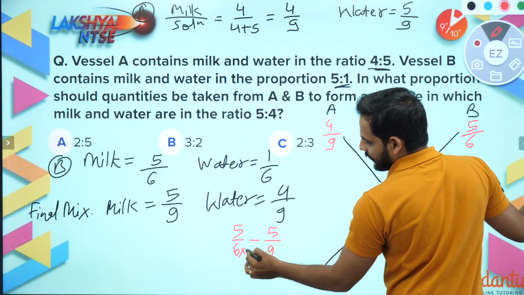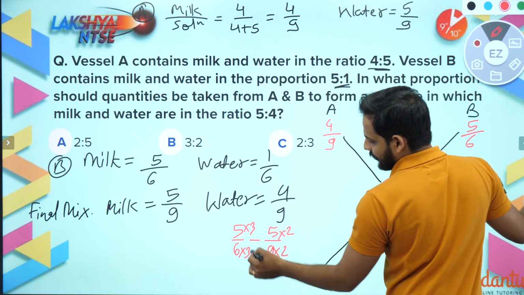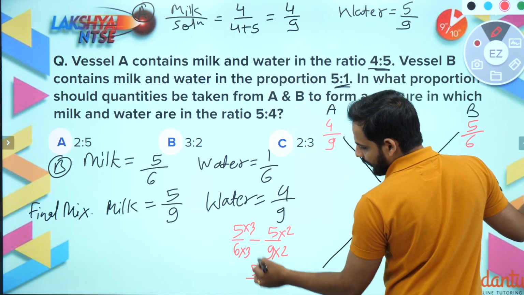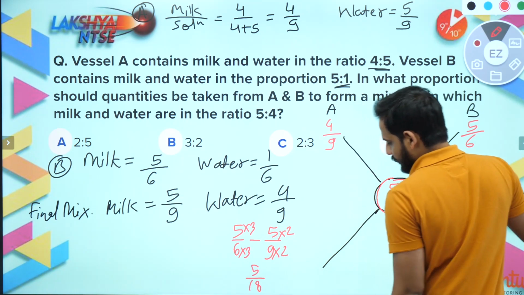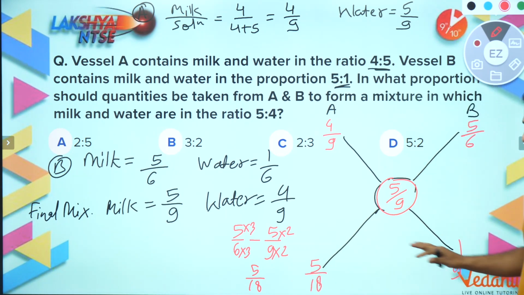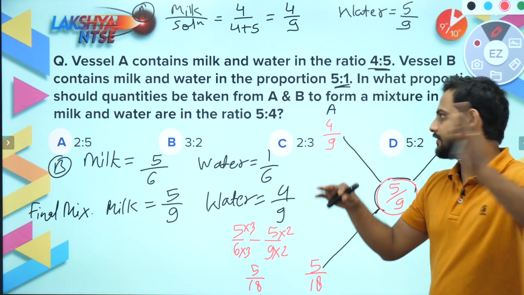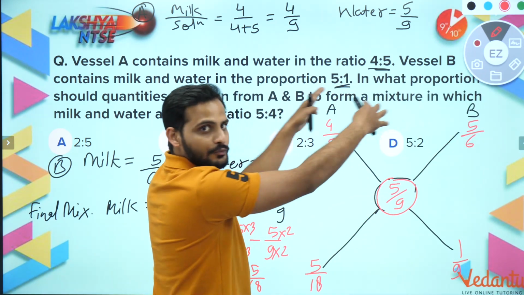Taking the LCM, 3s are 18 and 2s are 18, so 5 3s are 15 minus 10, giving 5/18.